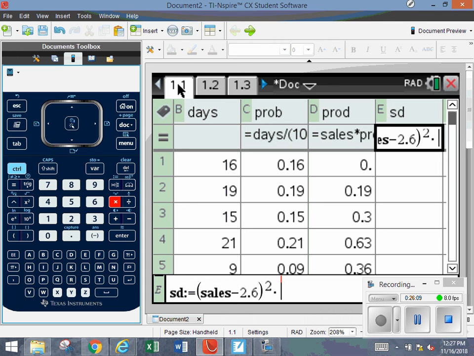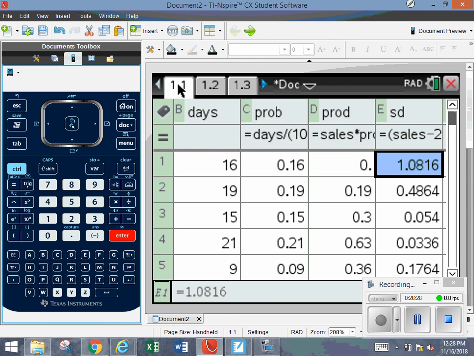That's what probability of X is. All of these here in this prob column are our probability, so we're going to call it prob. When we hit enter, then it fills those values in.